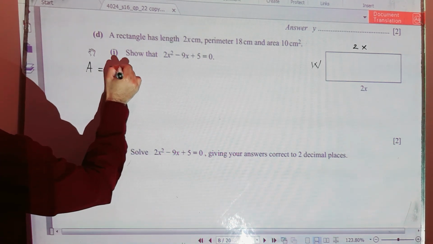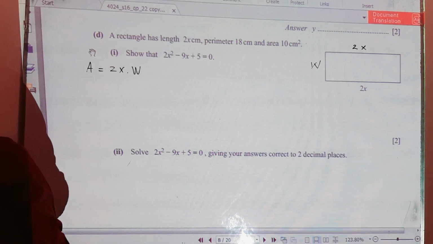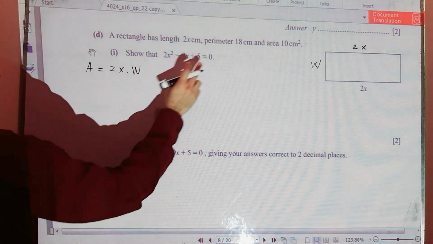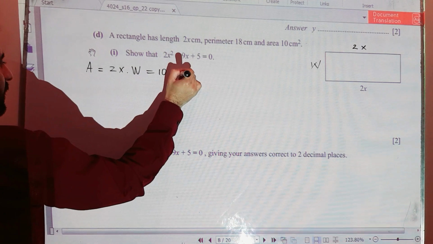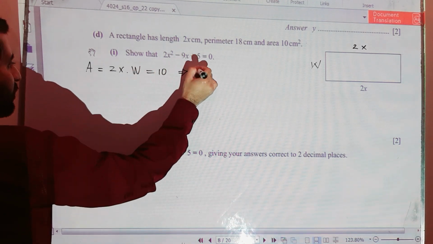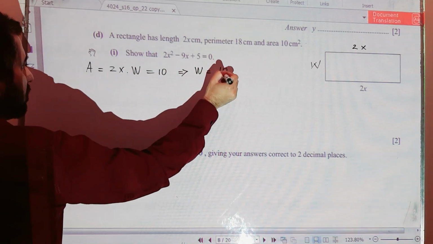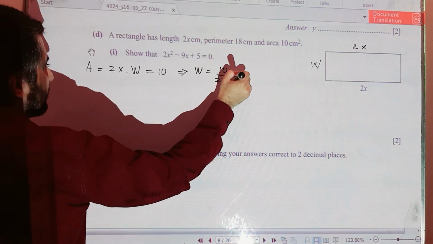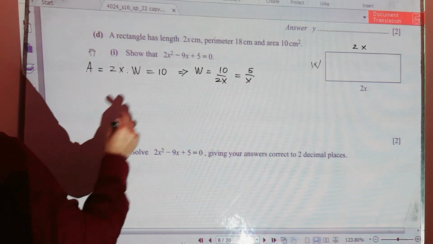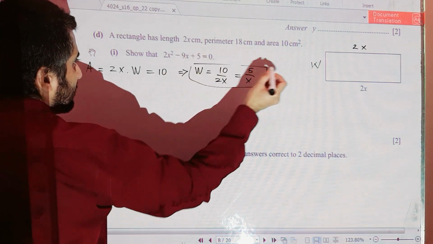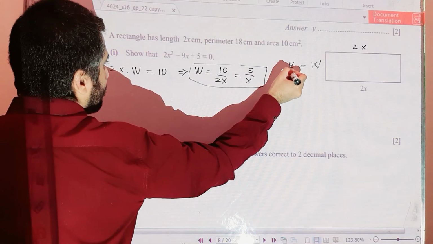The length is 2x and width is w, and as you know that area is given, that is 10. So from here you can find the value for the width, that is 10 over 2x. So that is 5 over x when 2 and 10 will be cancelled. So got the expression of width in terms of x.